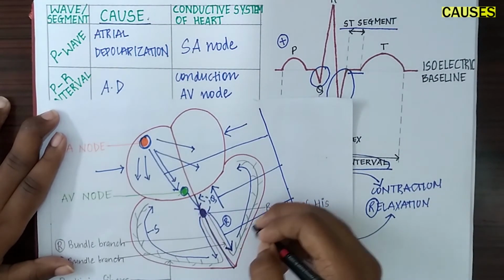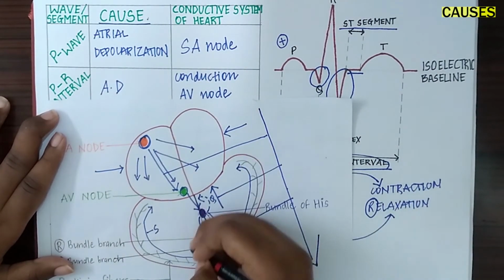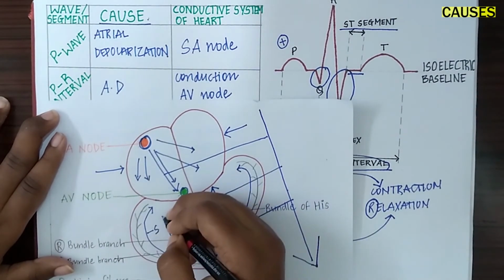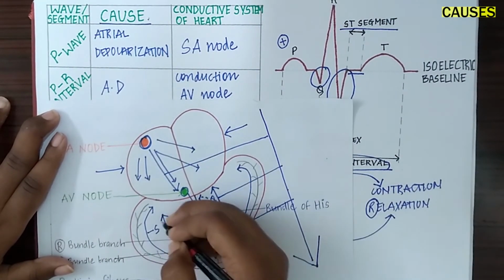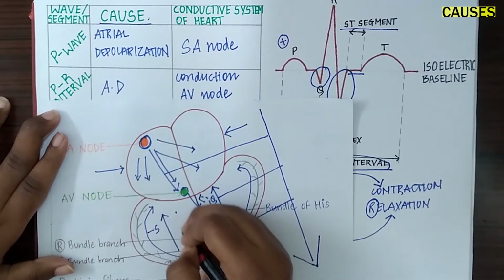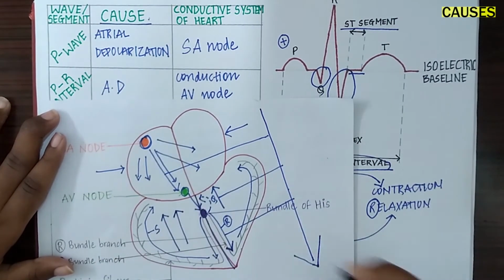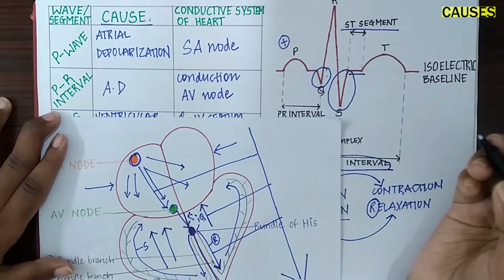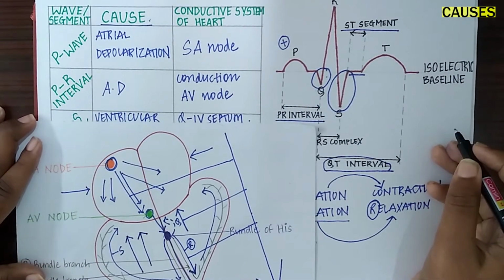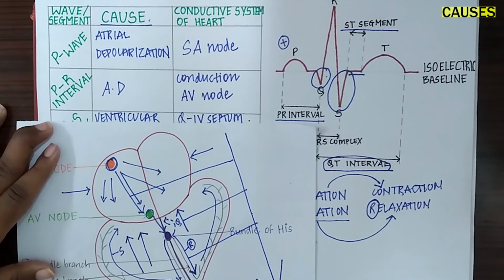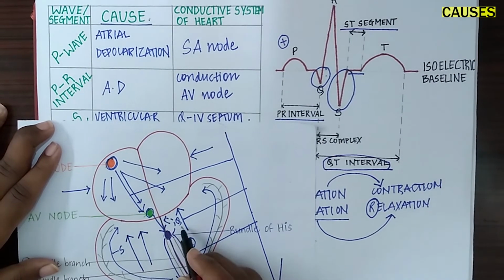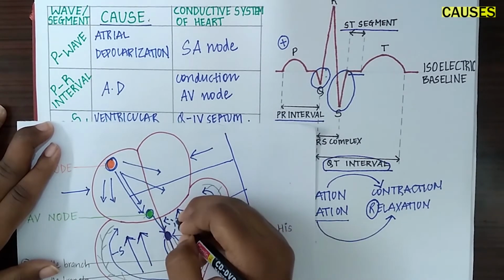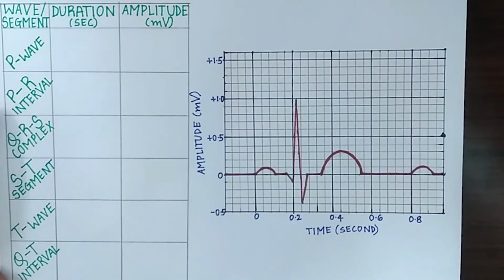Then from apex of heart, it again moves to the Purkinje fibers all over the ventricular myocardium parallel to the cardiac vector but in the opposite direction of cardiac vector, and so we get a negative S wave. So this is the reason we get a negative Q and S wave, as the impulse moves in the opposite direction of cardiac vector.